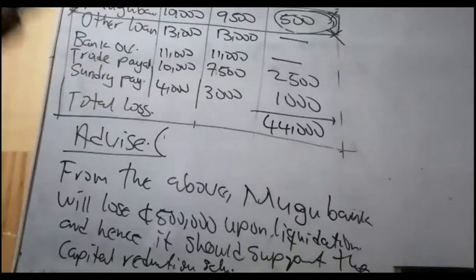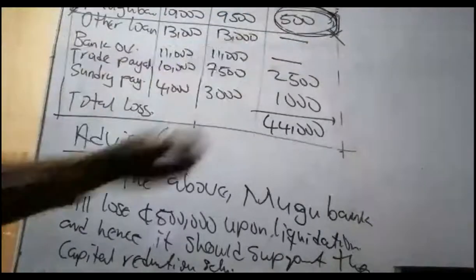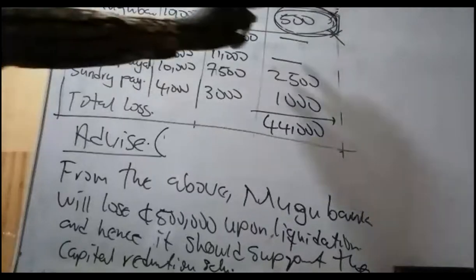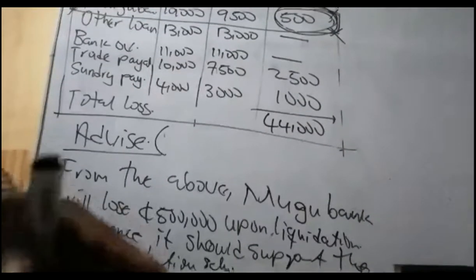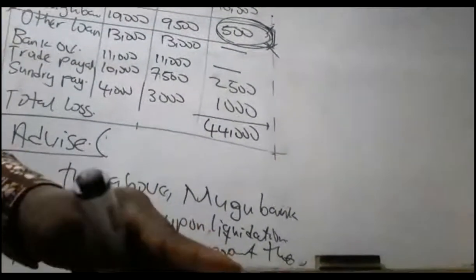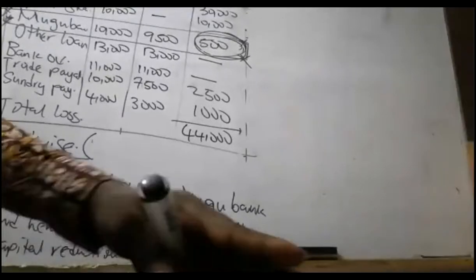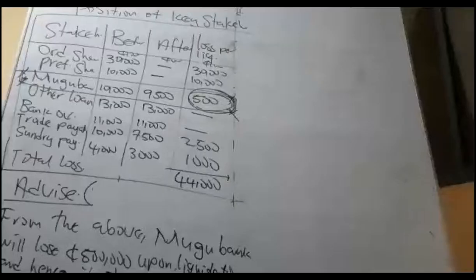So Mugu Bank should support the capital reduction scheme if and only if the loss upon the reconstruction will be less than what? 500. They should go ahead. If the loss is more than 500, they should stop. That's all. Or they will not support the capital reduction scheme.